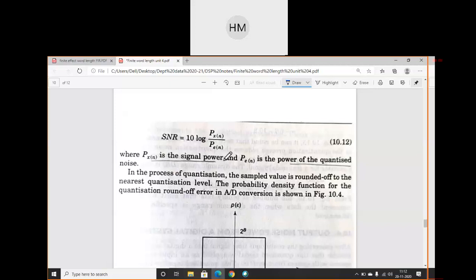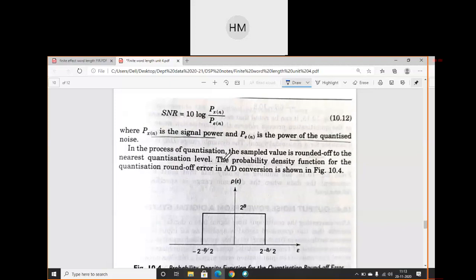The probability density function, that is PDF, in RVSV, random variable stochastic processes or mathematics, you study this word PDF, for the quantization round of error in A to D conversion is shown in figure 10.4. You can see this graph is very important. It is showing you the power concept, probability density function for the quantization round of error.